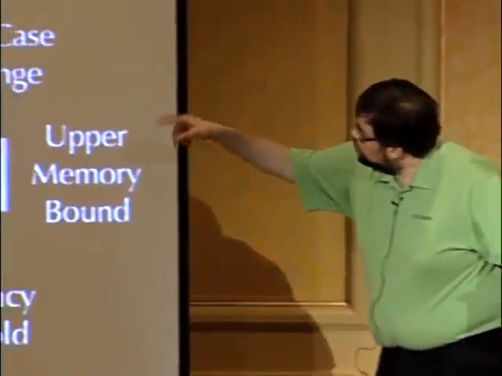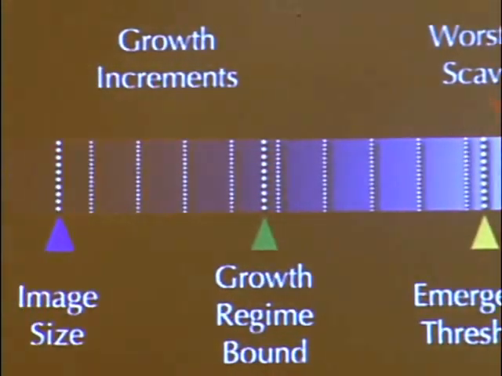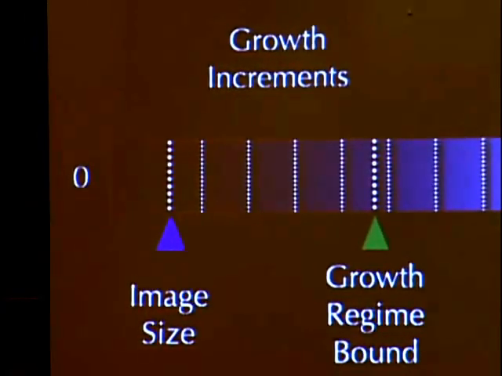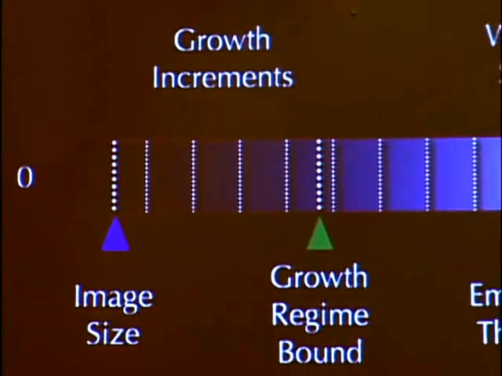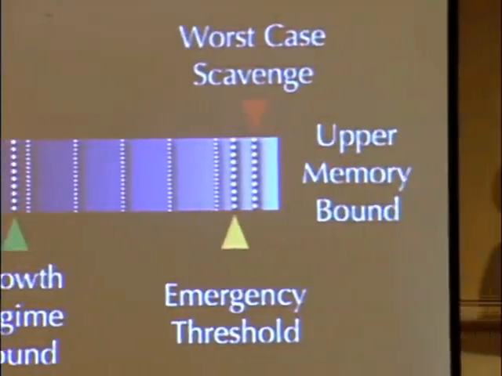So rather not get into the guessing business and do things right. And moreover, that strip of memory is not a single allocation. So you see there's the growth increments, all the little chunks of memory that the image decided to grow in. So this is the picture. So far so good? Any other questions? No? Awesome.